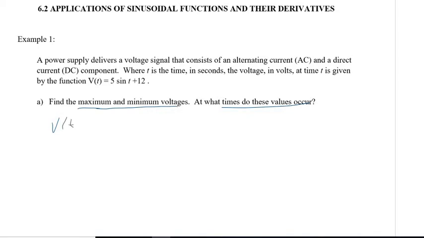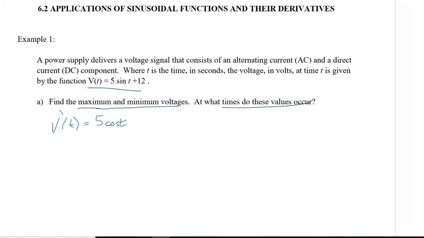We saw up top that v of t is equal to 5 sine t plus 12. So we're just going to take that function and differentiate it. 5 sine t goes to 5 times cosine of t, plus 12 is a constant, so it goes to 0. That's all we're left with: 5 cos t.